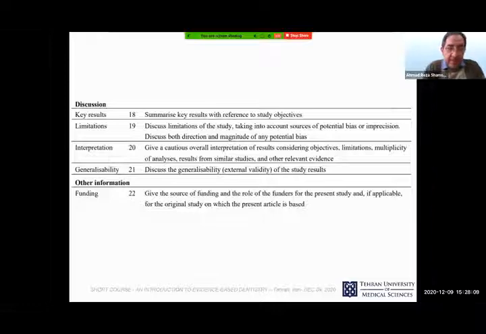And the next one is the discussion, which is very important not for methodologists, but for you, for practitioners, because the scientist or the researcher, after providing their study results, in the discussion try to emphasize the associations between the variables, and they want to say that these associations are causation.